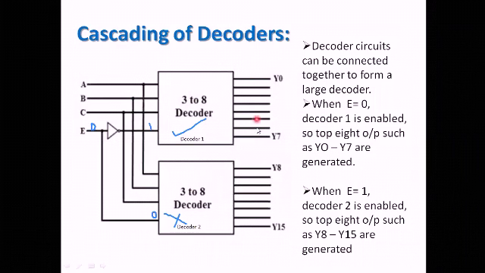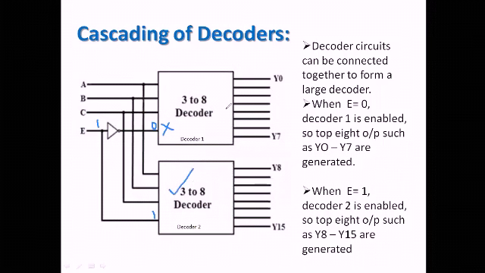That is, it is generated in the output. Next is when we are giving E is equal to 1. When E is equal to 1, this one is 0 and this one is 1. So here this decoder is disabled and this decoder number 2 is enabled.